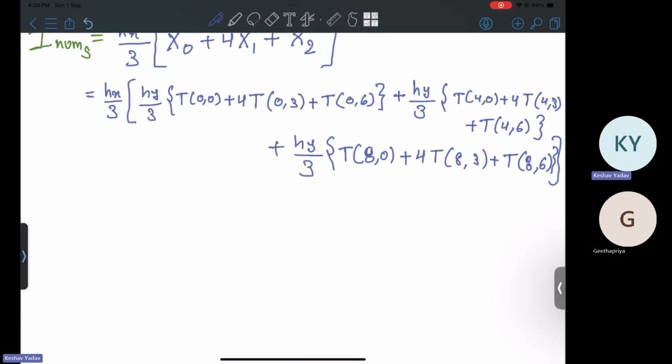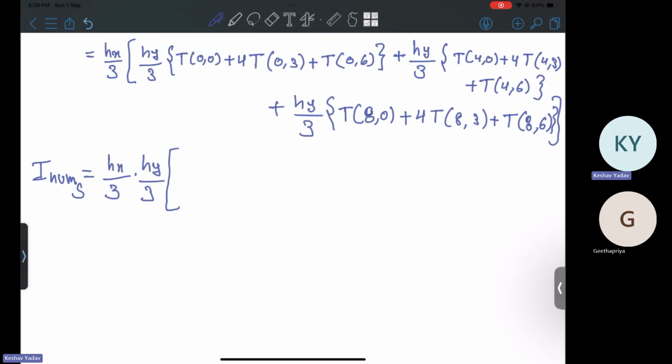Now, if I do some manipulations, I'm now using the Simpson method, that will be equal to hx by 3 multiplied by hy by 3, and this will come like that only. So T(0,0) plus 4 times T(0,3) plus T(0,6).